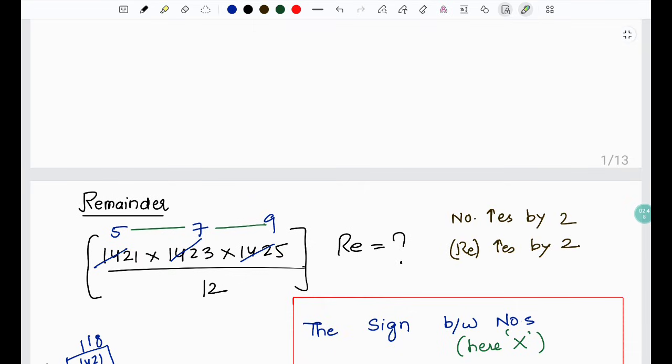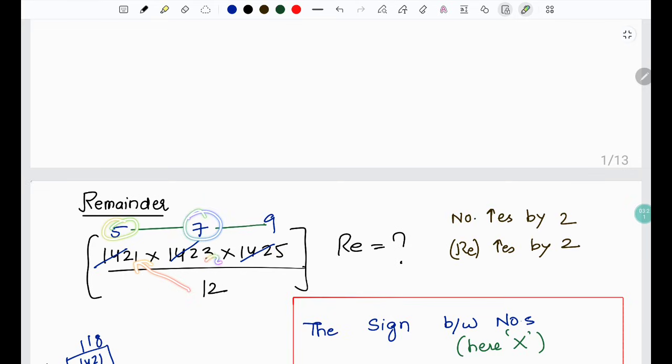Then we have this problem where we have to find the remainder in this form, where we can have multiplication, addition, or subtraction also. The concept is that whatever the relation is between the original numbers, here 1421, 1423, 1425, the remainders for each number, like if we divide 1421 by 12, the remainder comes out to be 5.